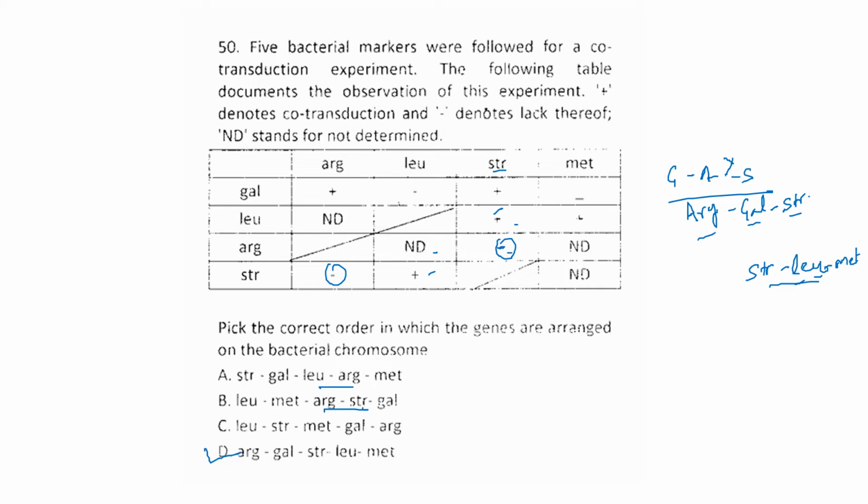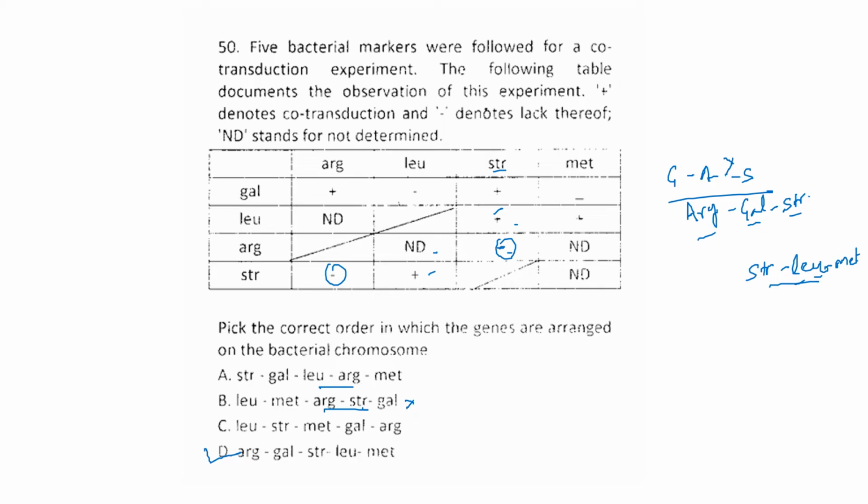So this is wrong. And similarly, if we see here leucine and then str, leucine and str transform, then leucine, streptomycin and met. Streptomycin, so there's no information about it.